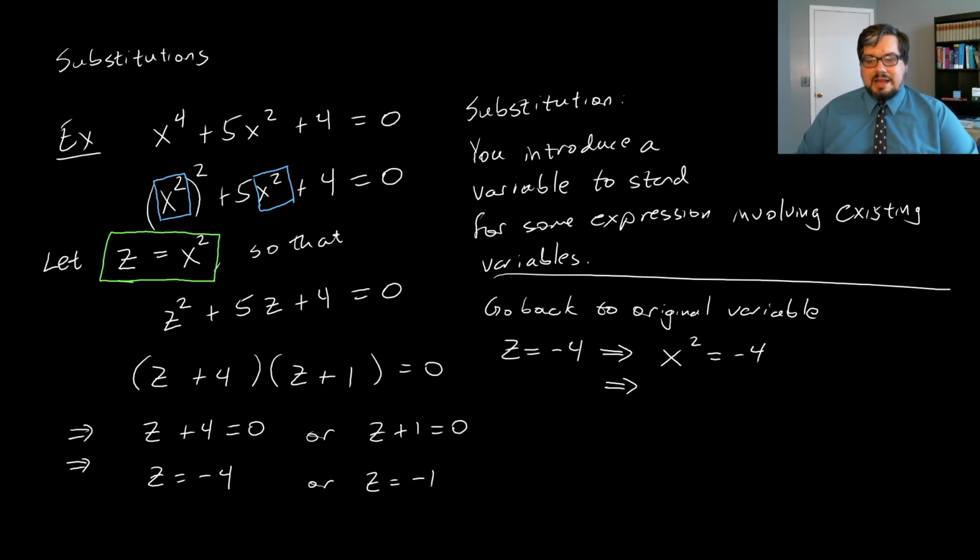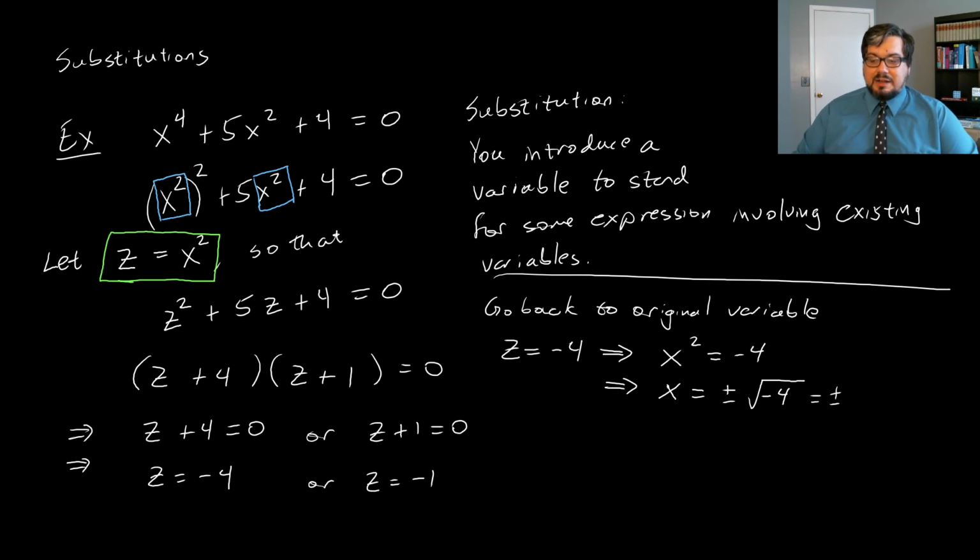And write this as, well, if x squared equals -4, the square root property says that x is equal to plus or minus the square root of -4, which we can simplify.